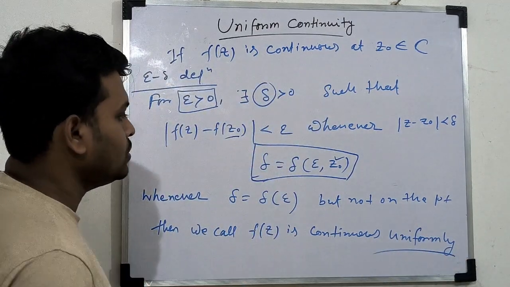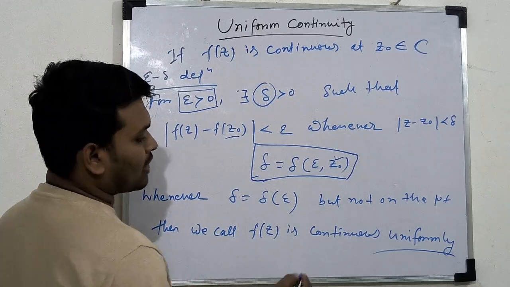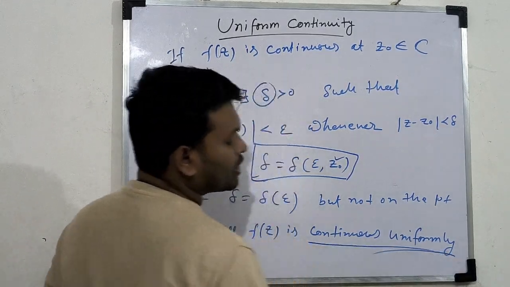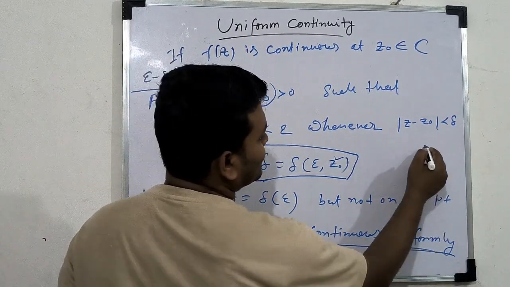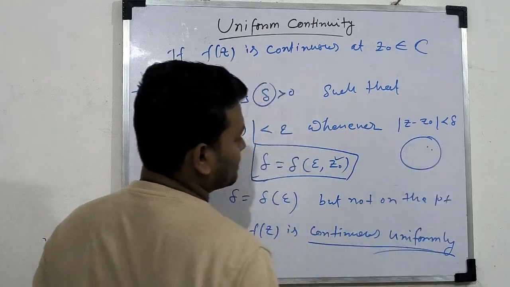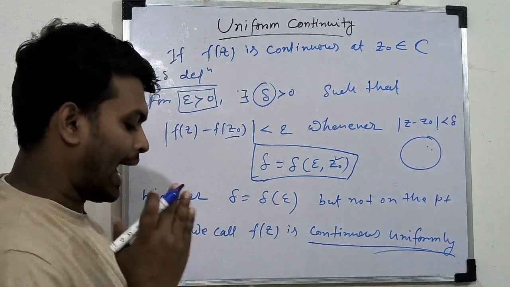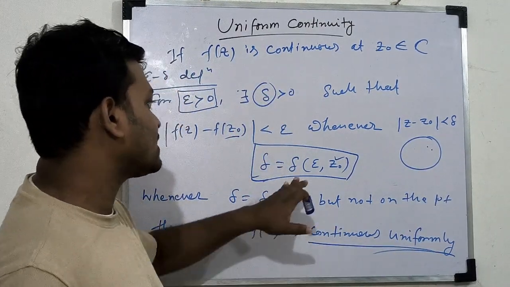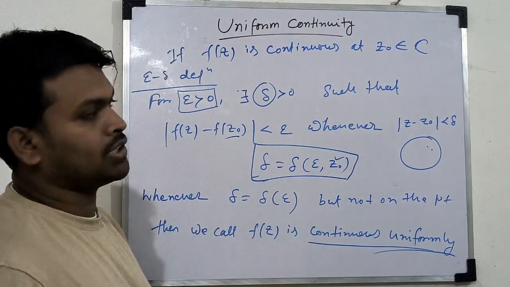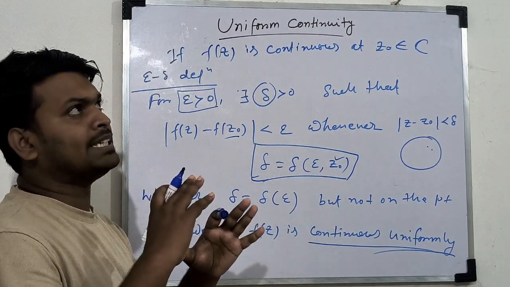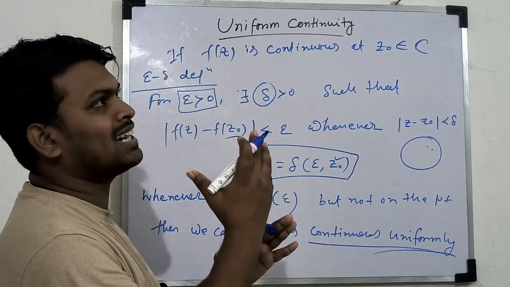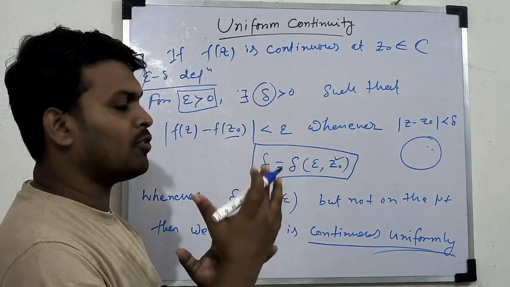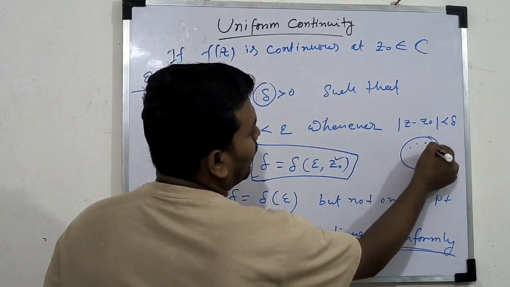So whenever we discuss uniform continuity of a function, we discuss it in a region, and continuity at a point. So at a point we cannot discuss the uniform continuity. So uniform continuity means in a domain this function is continuous uniformly, so for all points.